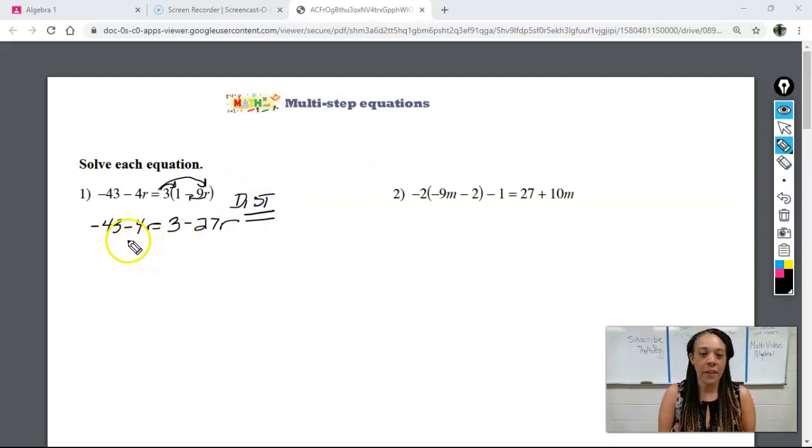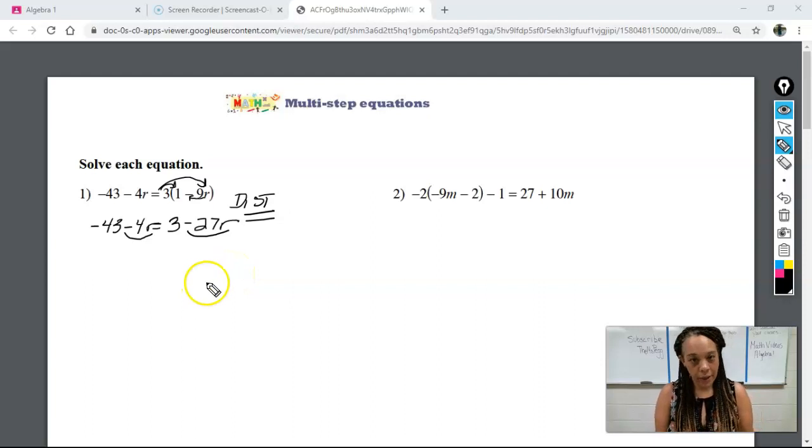Now I notice I have a variable on each side of the equal sign, but my goal is to get all those variables together on one side. We want to isolate that variable. That's the whole point of solving, to get an answer for r equals what number. So in order to do that, I'm going to have to get one of these to the other side.